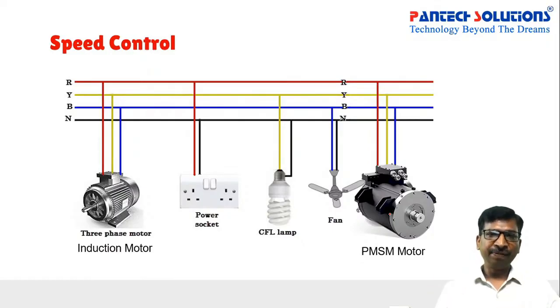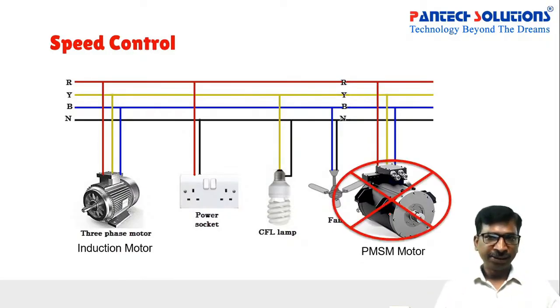So this is not the right way to operate the PMSM machine. In that case, at any point of time, we have to keep a position sensor and then an inverter. Only then can we get the maximum output from this machine. Otherwise, it will be like an induction machine.